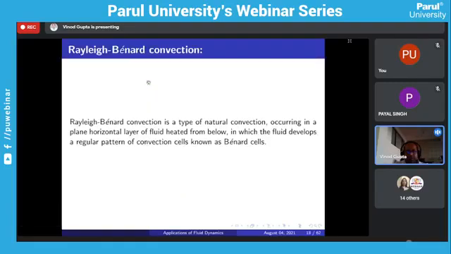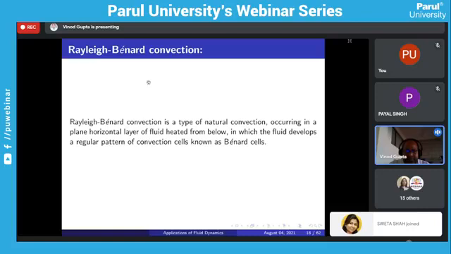And after that we will talk about the Rayleigh-Benard convection. So first of all, we will see what the Rayleigh-Benard convection is. Rayleigh-Bénard convection is a type of natural convection. So let us see what natural convection is. If you see the top of a tea, if you are heating, then it is natural convection.